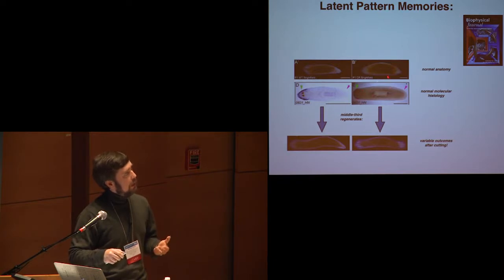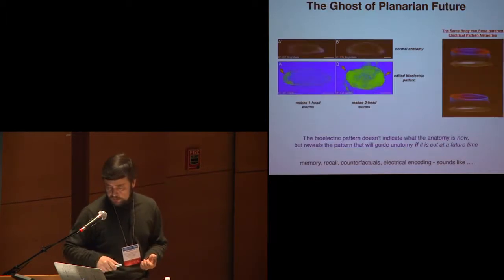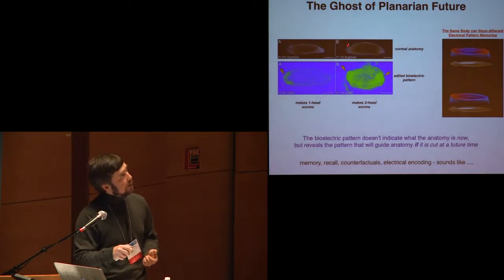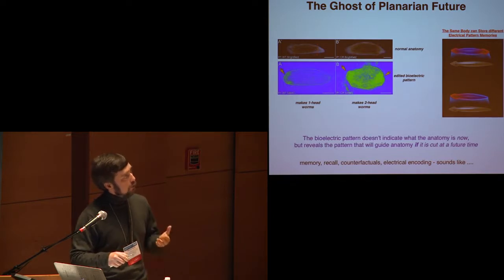They have the same markers, and they have the same stem cell distribution, and all these things are the same, but they're able to generate two-headed forms. How is that possible? It turns out that the reason it's possible is because these anatomically normal worms are able to harbor a bioelectric distribution that is not normal, in fact. And you don't know anything is wrong with these guys until you check their electrical pattern memory.